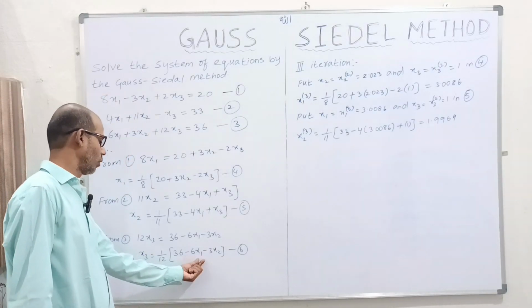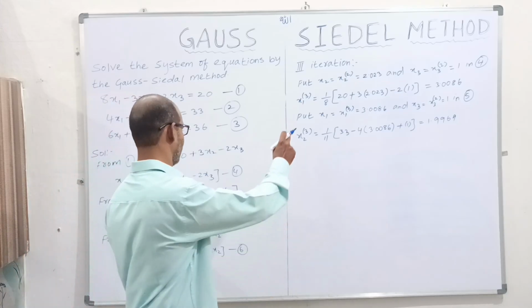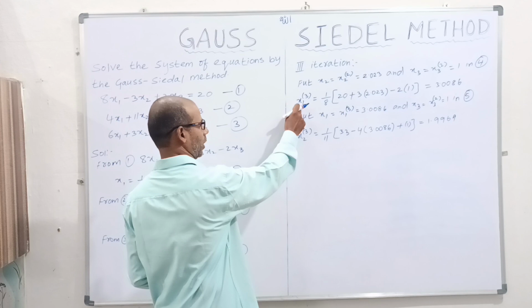Now we have to find the value of x3. Here we have to substitute x1 and x2 obtained from the third iteration.